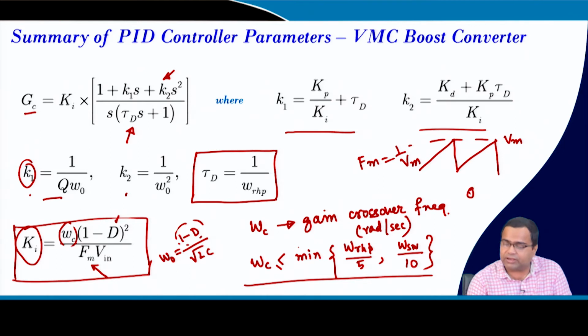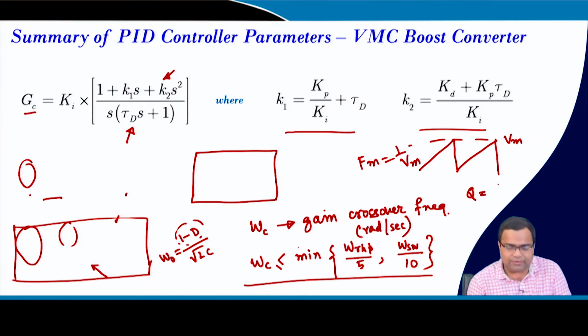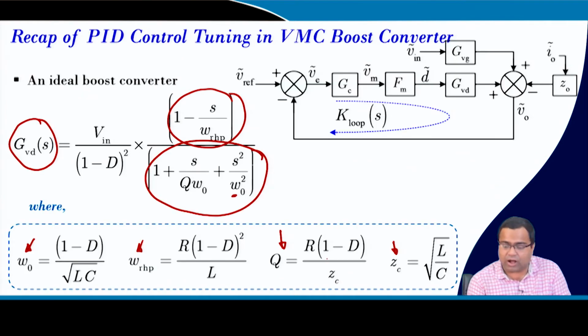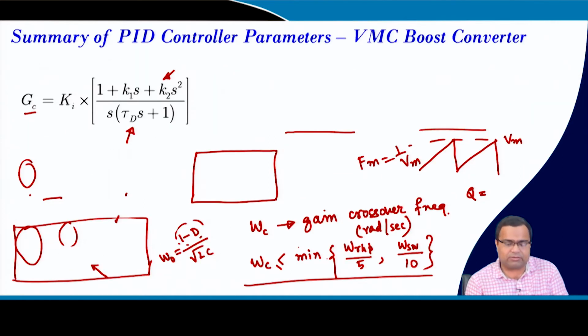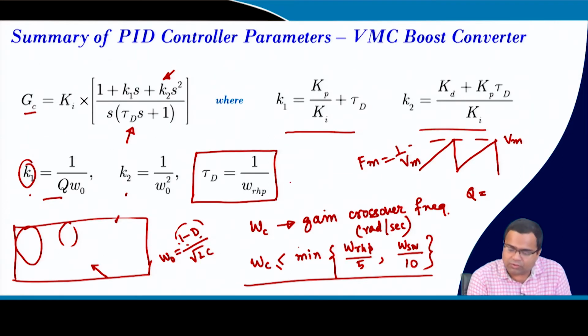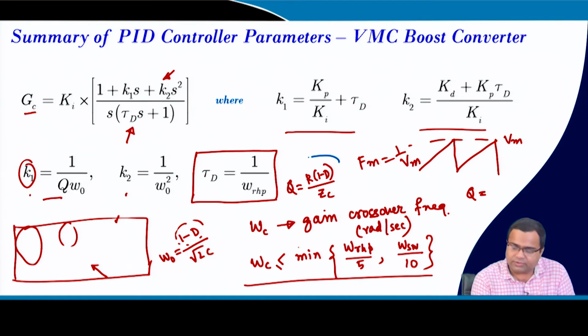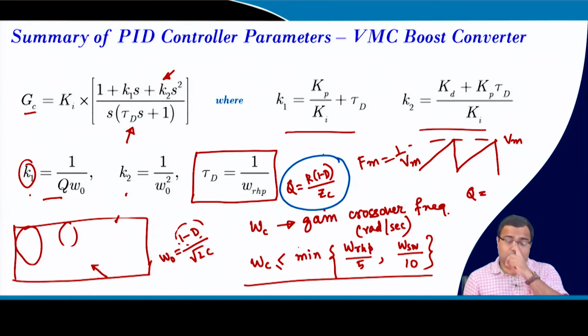We learned that Q equals R into (1 minus d) by Zc, where Zc is the characteristic impedance. So, this is also a function of duty ratio, and we have also discussed that the RHP zero is also a function of it.